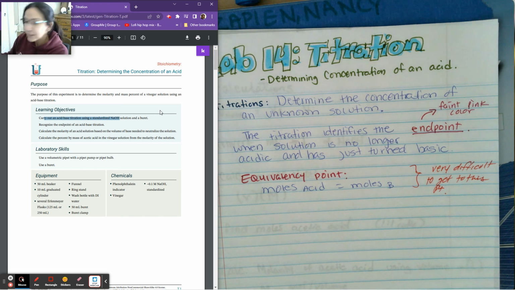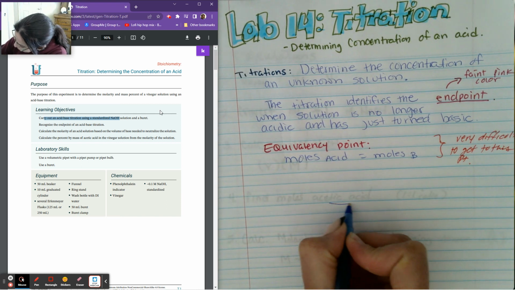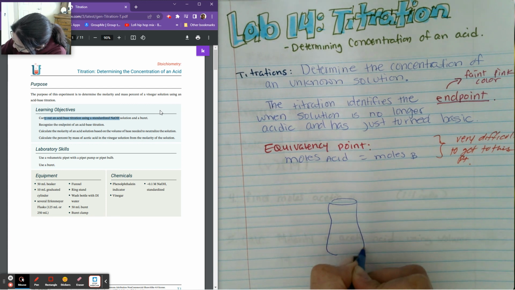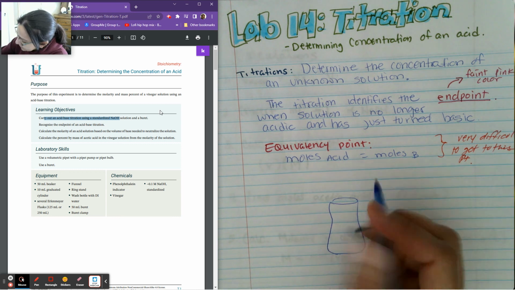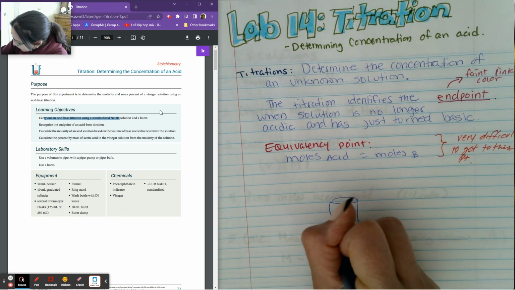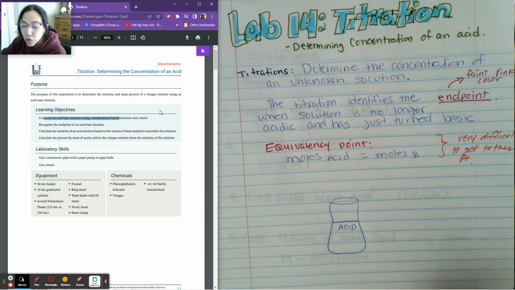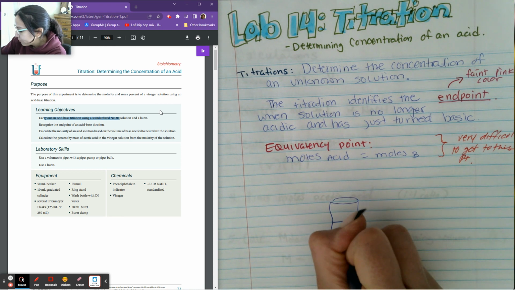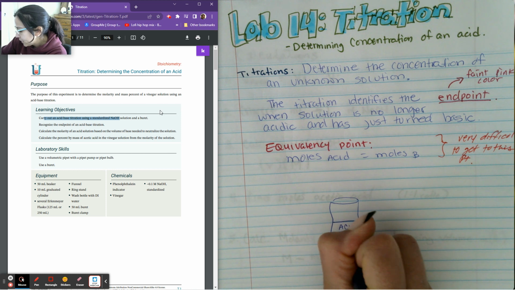So how does the titration work? In your titration, you're going to have an acid and a base. This is my Erlenmeyer flask, and inside of it is where I'm going to put my acid of known quantity. I have to know how much. I'm also going to have my indicator in here.